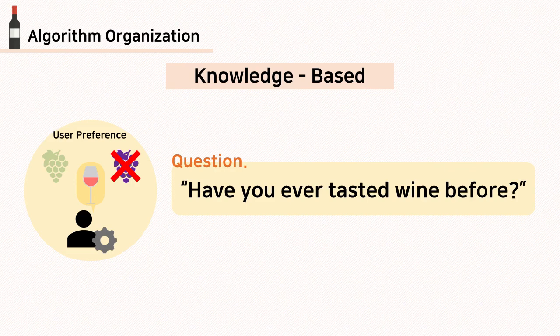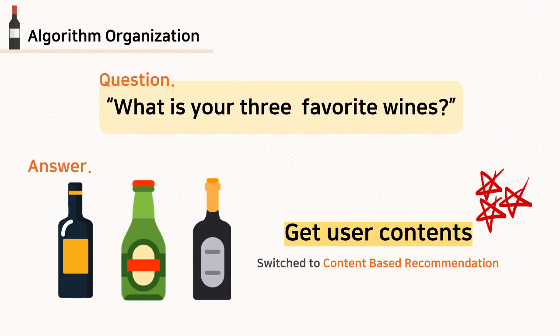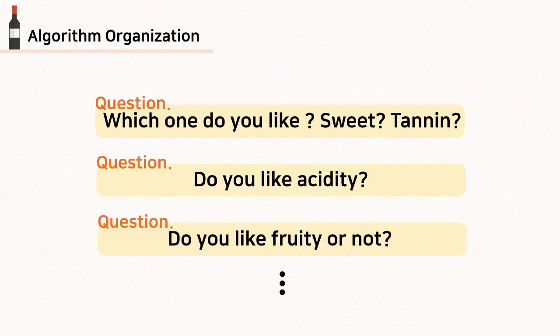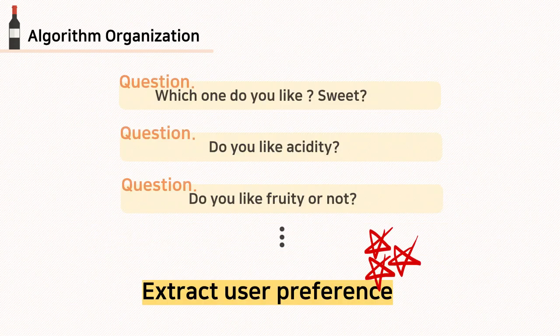If the user says yes, the user can enter what wine it was, and this makes the system save the user's contents. If the user says no, which means he is a newbie to wine, we will ask some easy questions to get user preference data, about sweetness, acidity, fruity, and others. By this, the system can extract user preference.